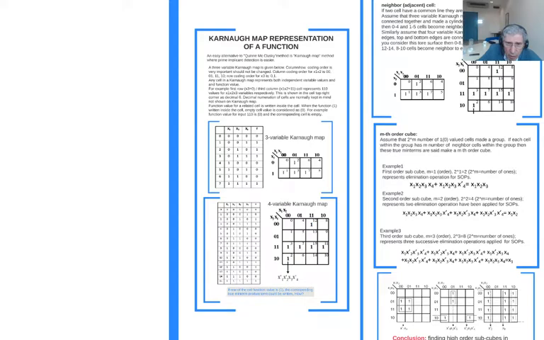In this map again, if 2 cells are neighbors, that means one of the lines of these cells is common. 4 and 12 are neighbors, but 4 and 8 cells are not neighbors. Before that, I should have said that each cell in that 4-variable Karnaugh map represents a row here.